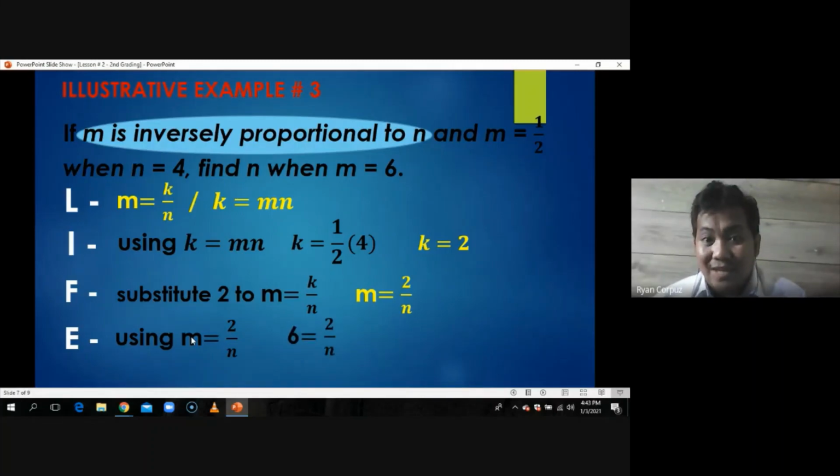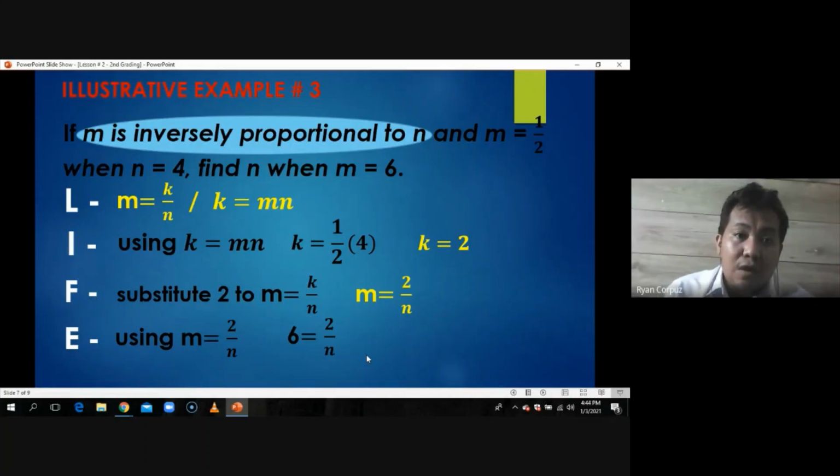Just like what we did in example number 2, we cross multiply. 6 times N, that would be 6N. Then 2 times 1, that is equal to 2. It becomes 6N is equal to 2. Since you are looking for N, you have to divide both sides of the equation by 6. So it becomes 2 over 6.